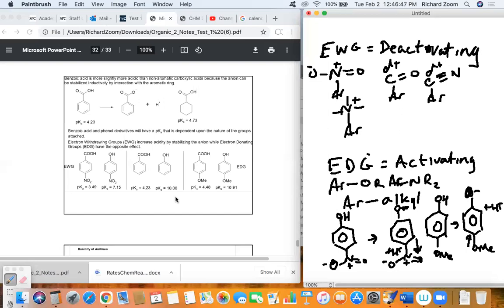And likewise, anything that's pushing electrons towards something negative has a destabilizing effect. Okay, perfect. Thank you. But we're only talking about the anions here, the negatively charged species, not the actual compounds themselves before they lose the H plus. We can't say much about those. All we can really talk about is the anions, right?